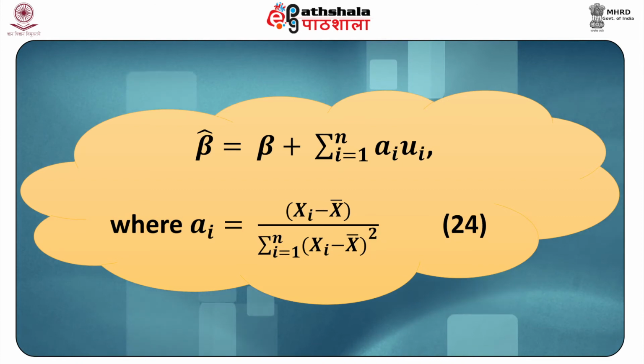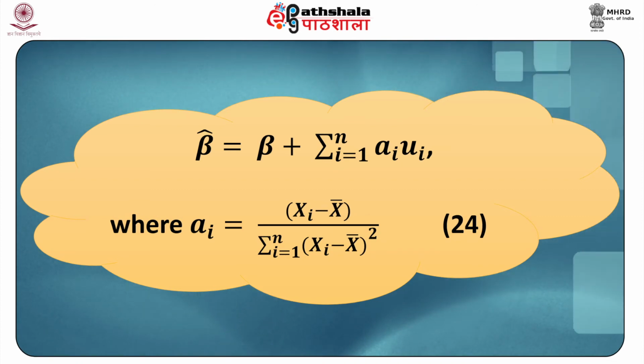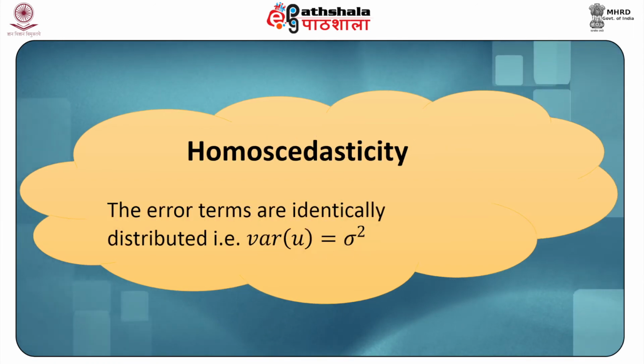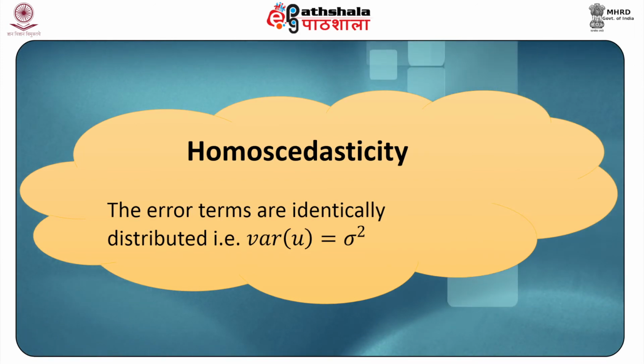The property of unbiasedness does not get affected even in the presence of multicollinearity. Any linear relationship among the explanatory variables only affects the precision of these estimators. So, having understood these four important assumptions, we now move on to the fifth assumption of homoscedasticity.